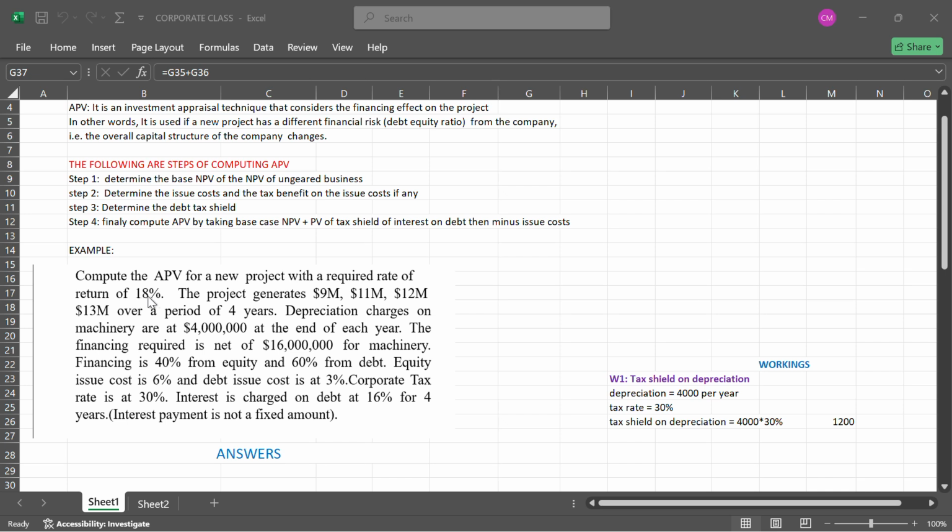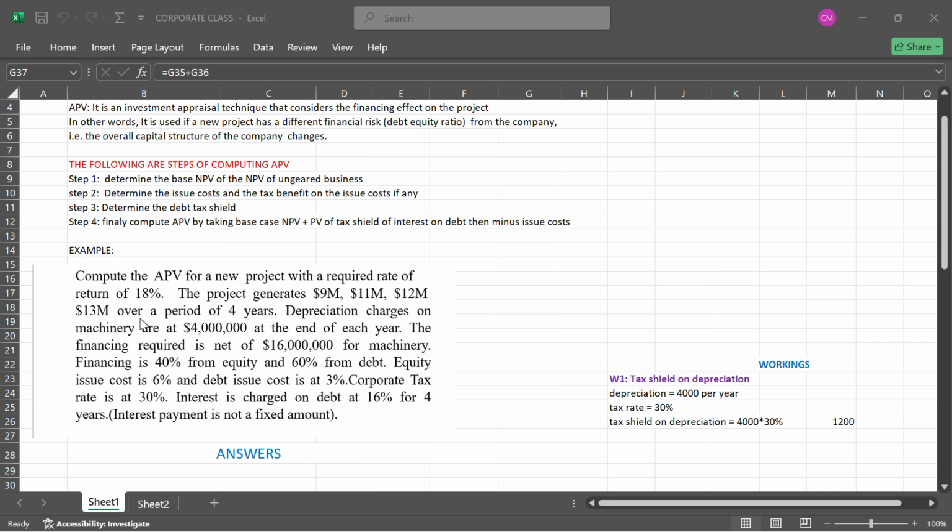So this is an example saying: compute the adjusted present value for a new project with a required rate of return of 18%. The project generates 9 million US dollars, 11 million US dollars, 12 million US dollars, and then 13 million US dollars over a period of 4 years respectively.